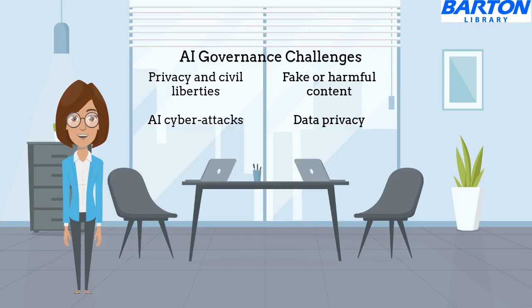Zhang and Defoe presented the respondents to their survey with 13 governance challenges for government agencies and technology companies that will need to carefully manage AI development. The 4 judged to be most vital were: preventing AI-assisted surveillance from violating privacy and civil liberties, preventing AI from being used to spread fake or harmful content online, preventing AI cyber attacks against governments, companies, organizations, and individuals, and protecting data privacy.